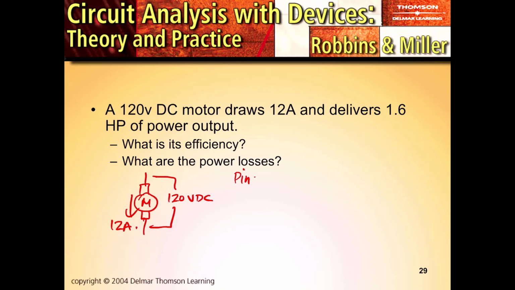We can say P in equals V times I, and so 120 volts multiplied by 12 amps gives you 1440 watts, or 1.44 kilowatts.